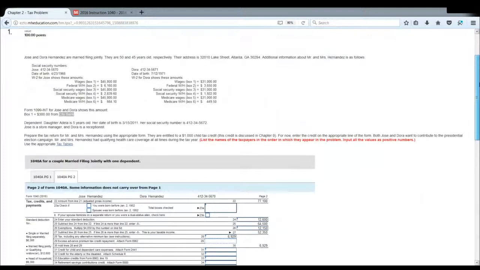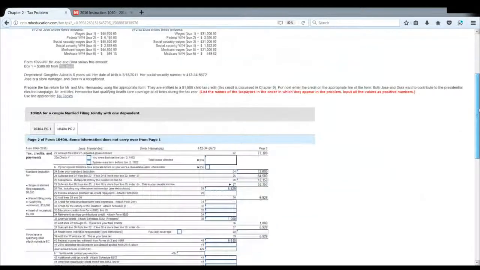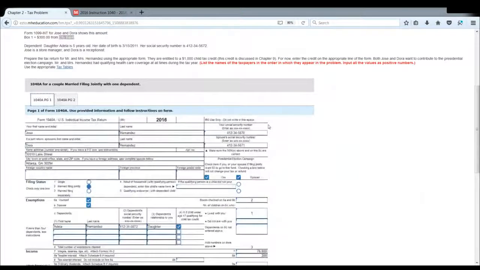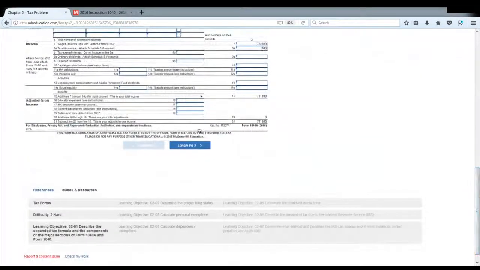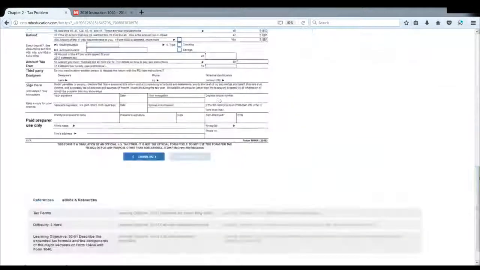Let me see here. Okay, let me just check to make sure something here. So usually on a tax return, actually, let me see if it's even on here.